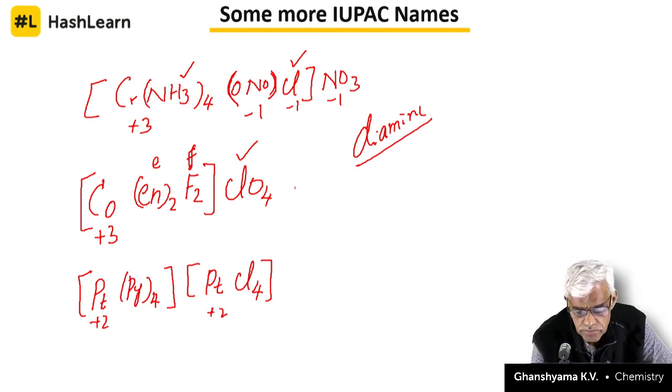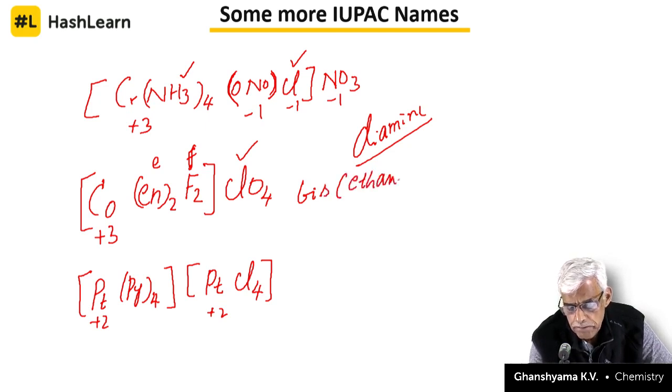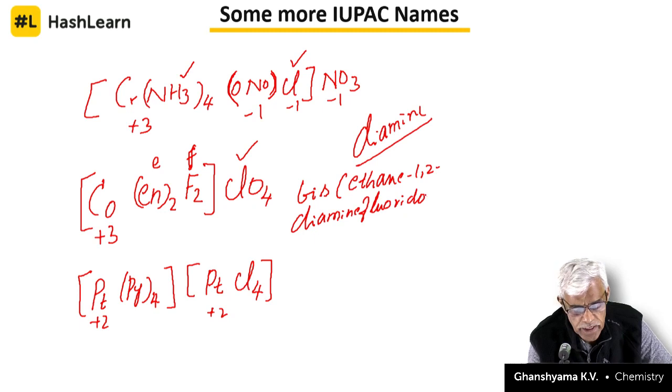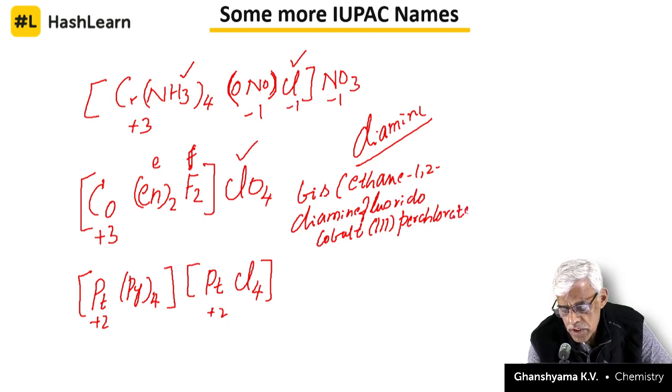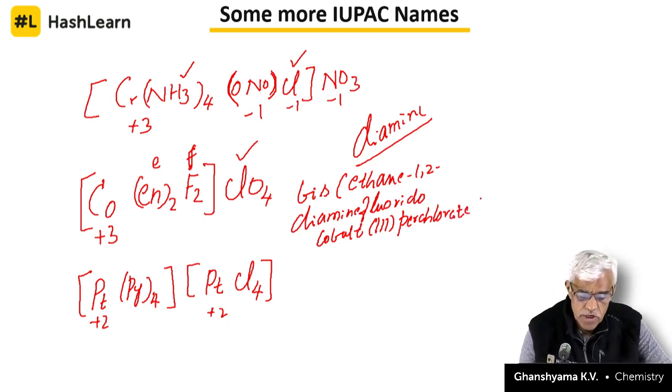Okay, so I will write it: bis ethane 1,2-diamine difluorido cobalt 3 perchlorate, that is the IUPAC name.